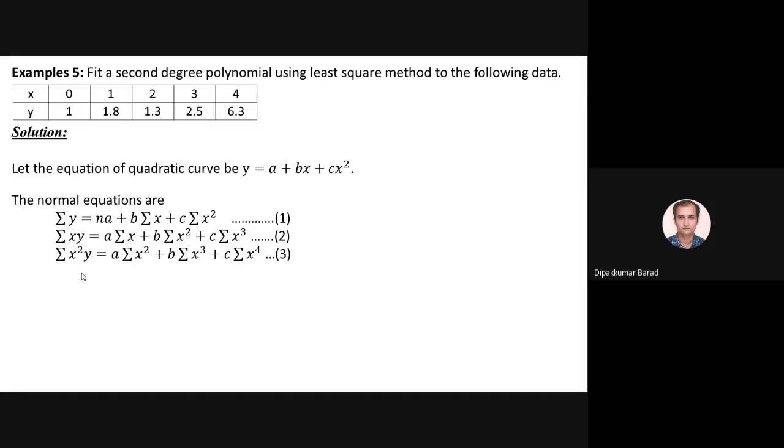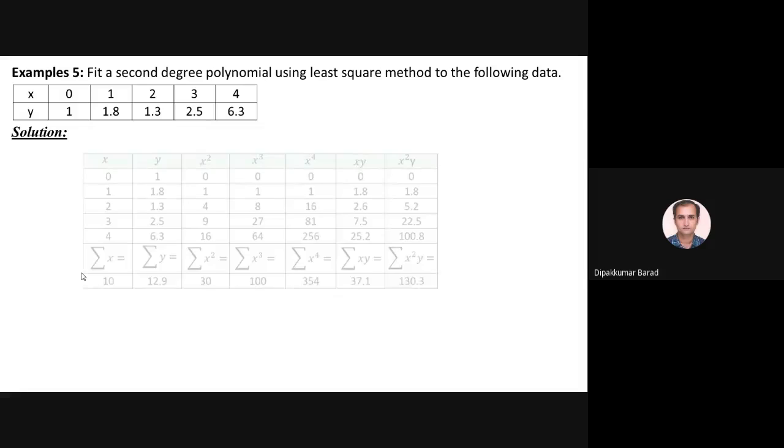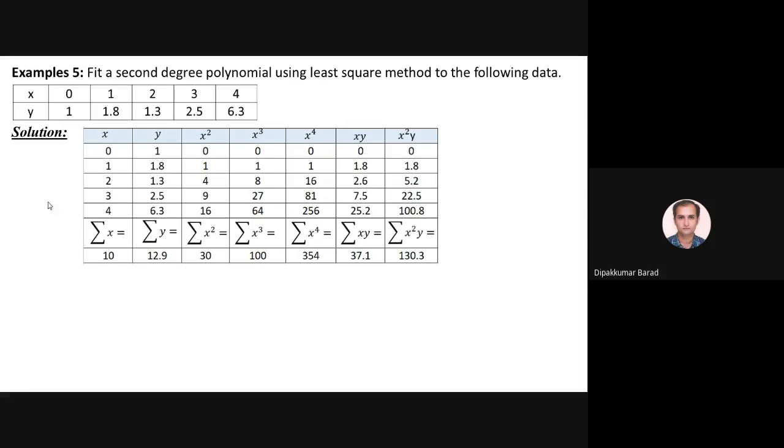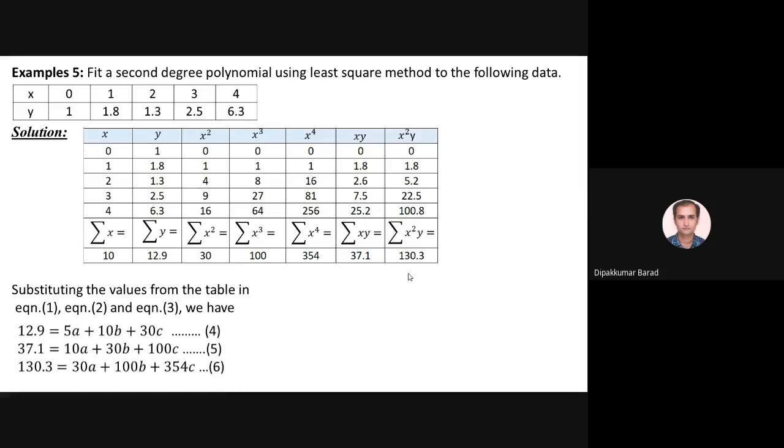And n equal to 5, as we have been given 5 data points. If we find these, I get summation x is 10, summation y is 12.9, summation x square is 30, x cube is 100, x raised to power 4 is 354, xy is equal to 37.1, and x square y is equal to 130.3. So you have to put all these values in the normal equations.